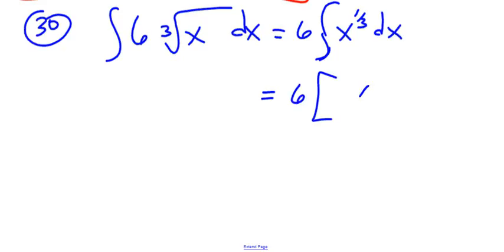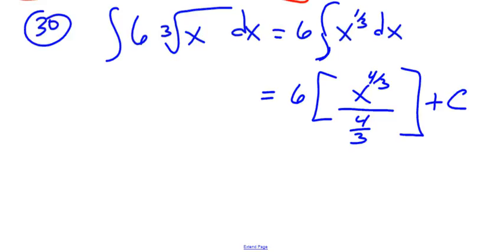So I'm going to add 1 to the exponent, which would make this 4 thirds, divide by the new exponent, and then add c. Simplifying this, I get 6 times, and I'm going to do the reciprocal.